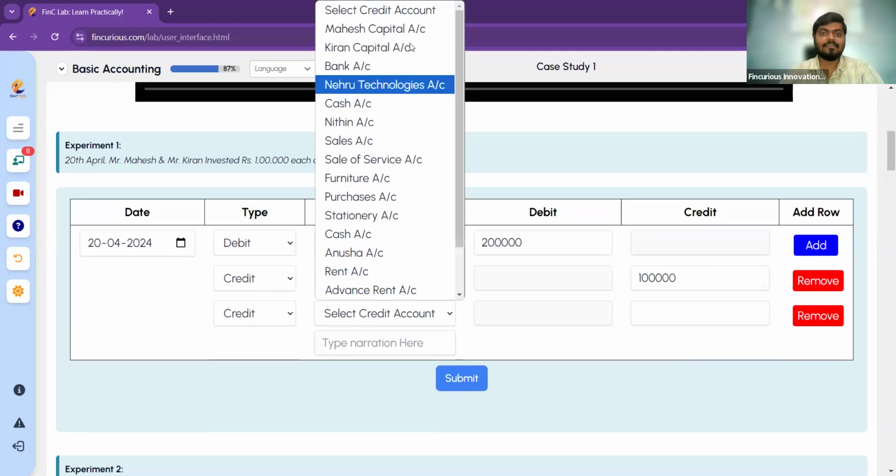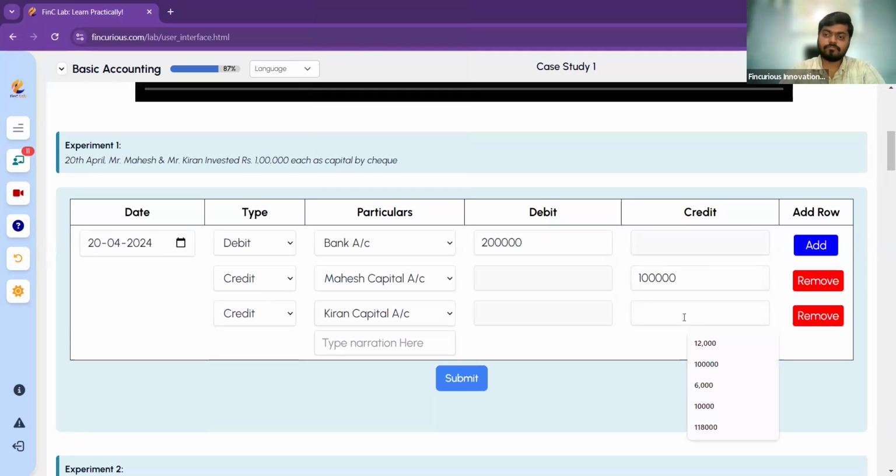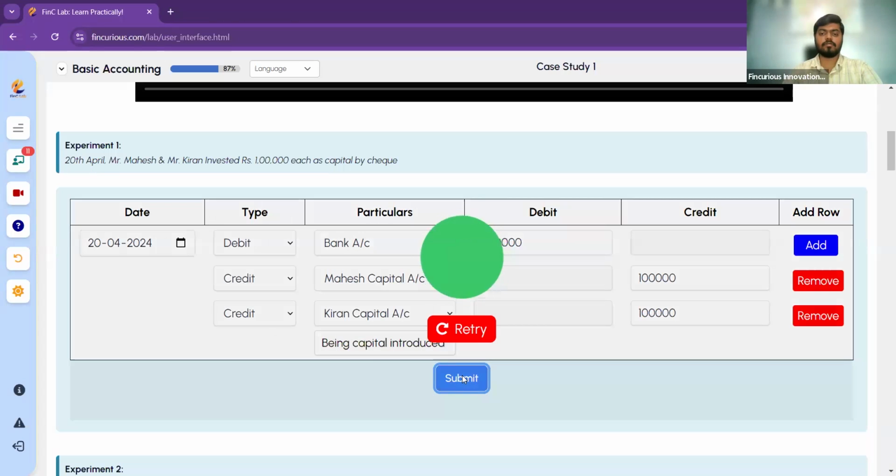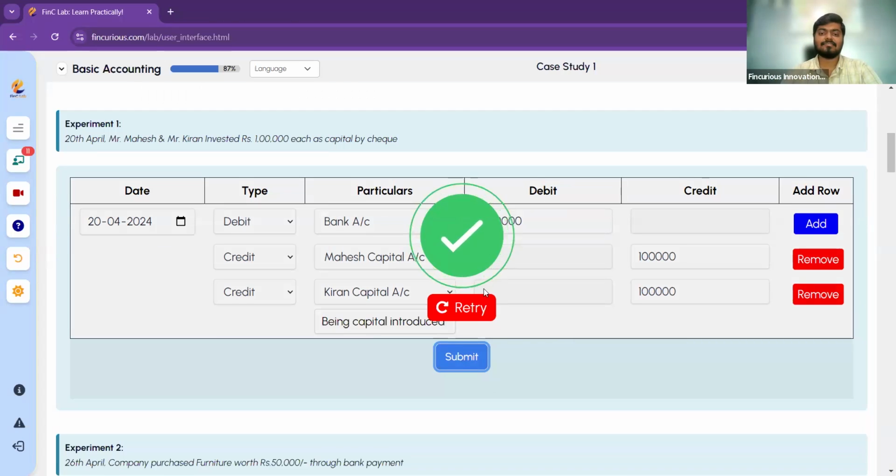Credit again Kiran capital account, again 1 lakh. Before submitting, I need to make sure whether it is right or wrong: cross verification, double verification. Then narration: being capital introduced by the partners. Click on the submit button. Wow, it is correct. So my answer is correct.